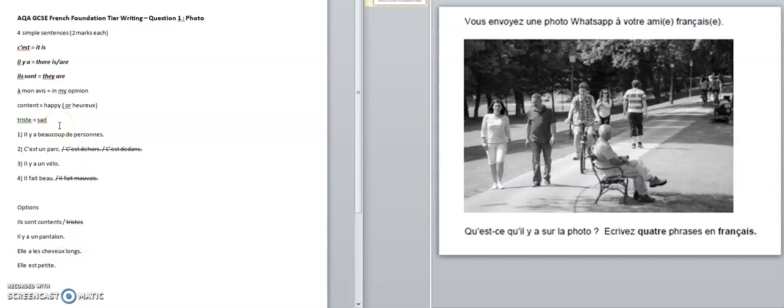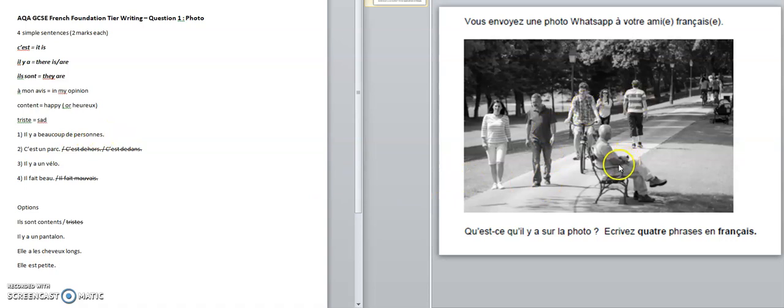Another one you could do if you're really struggling is you could split up this number one, and talk about the different types of people in the photo. We've got men and we've got women. So if you couldn't remember the weather one, you couldn't remember the word for happy, and you were really stuck, you could split this one into two, and instead of il y a beaucoup de personnes, you could say 1, 2, 3, 4.